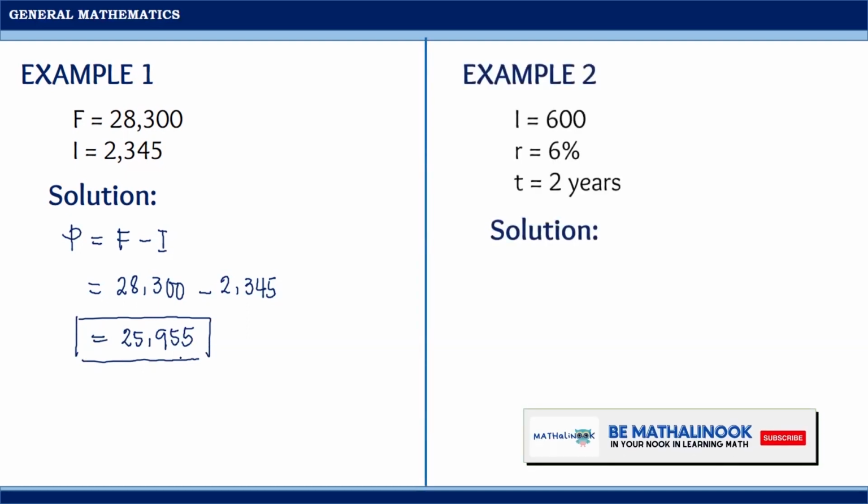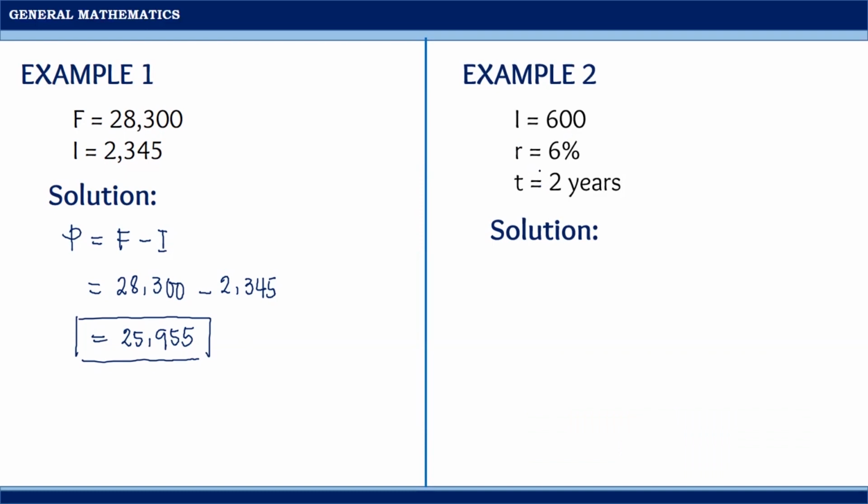Let us now try to solve for the principal when we were given the interest, the rate, and the time. Suppose the interest is equal to 600, the rate is equal to 6%, and the time is equal to 2 years, then the principal will be equal to the interest divided by the product of the rate and the time. Substituting the given on our formula, we're gonna have 600 divided by 0.06 times 2.